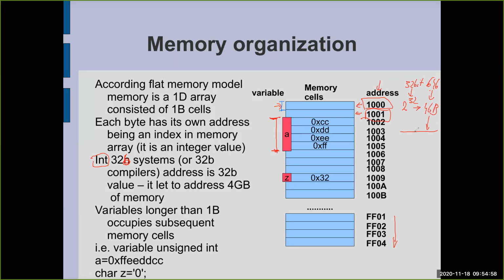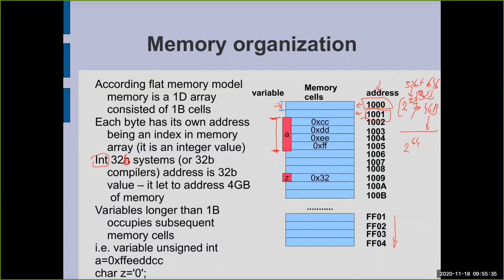In 64 bits, we have 2 to the power 64 different addresses. So it's a much bigger value. It's not bigger 2 times, it has to be squared. No, not squared, sorry.